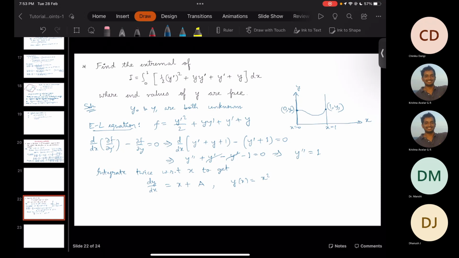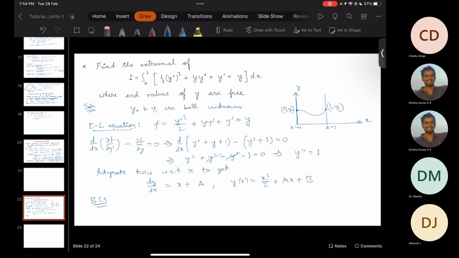So all that we had to do is, after integrating it again, we have y equals x squared by 2 plus ax plus b, right? And from the previous problem, what we have seen is, let's apply the boundary conditions now.